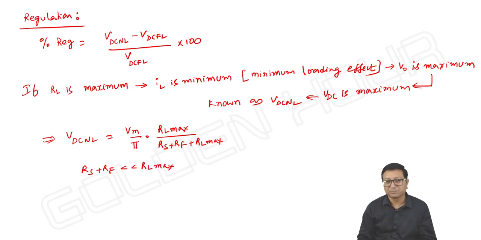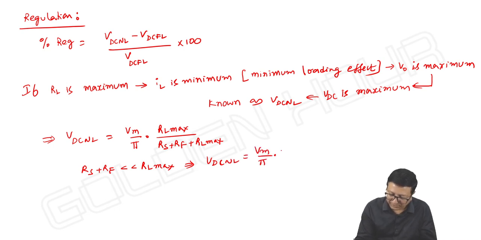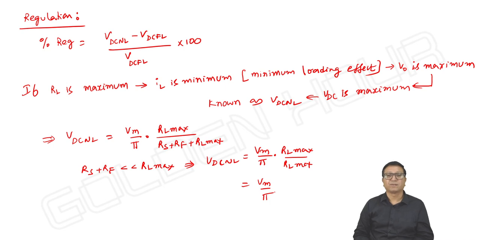It is possible. Then VDC no load is equal to Vm by pi into RL maximum by RL maximum, which is equal to Vm by pi, approximately. As RS plus RF is extremely less when compared to RL maximum, VDC no load is approximately equal to this. It is a valid approximation.